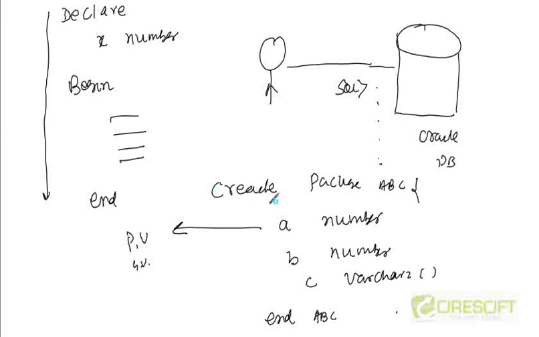The use of a bodiless package is, whenever we want to create a variable and make that variable persist across the complete user session, let's create a package spec with a couple of variables, and whenever you access that variable the first time, all these things are loaded to your UGA, the user global area of your user session.